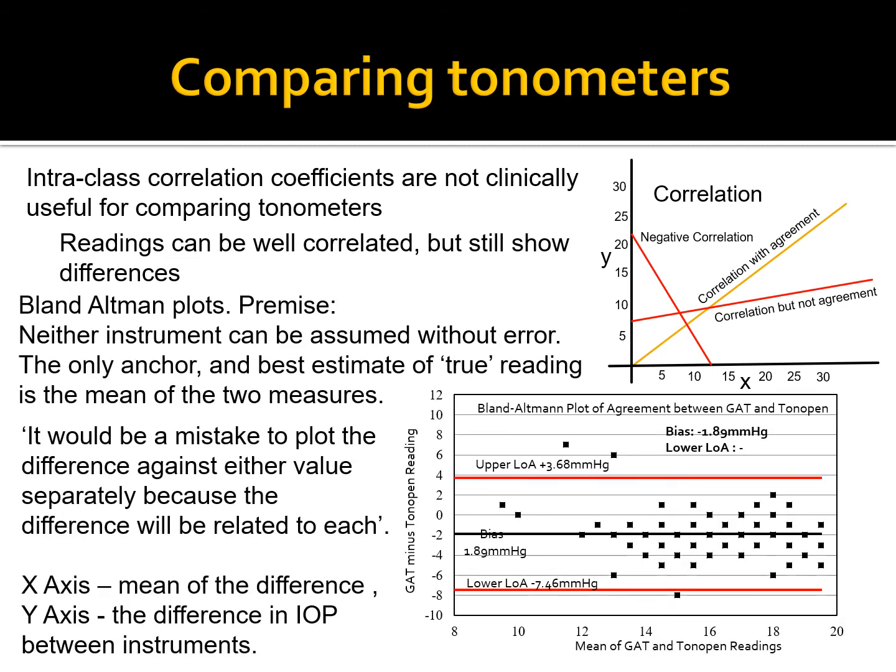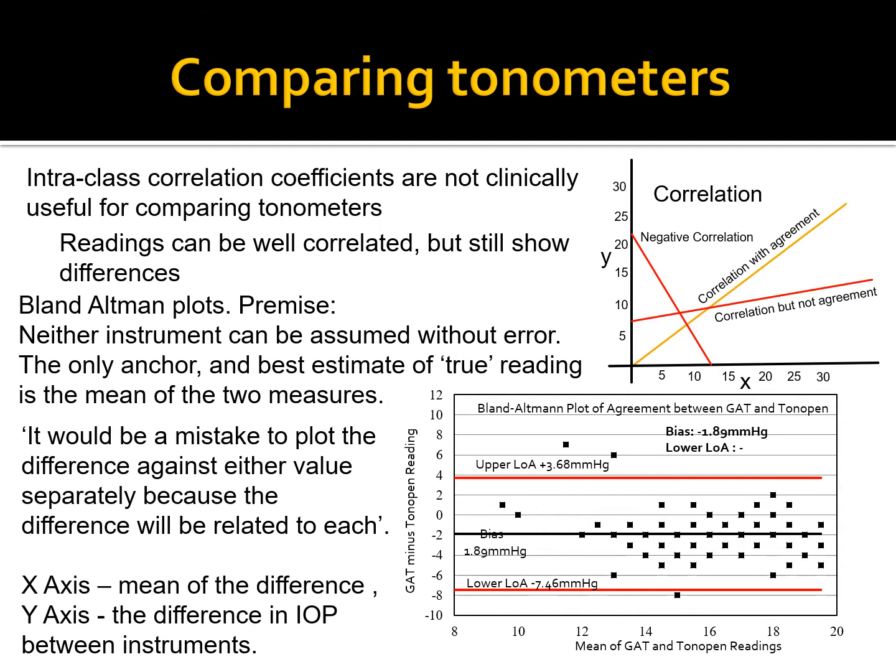And in 1986, that's when Bland and Altman came up with this revolutionary thing. Their original paper was printed in the Lancet, so it was a pretty important paper. What they said was, their premise is, and this is important because this technique, I think, gets misinterpreted at times, that neither instrument can be assumed without error.